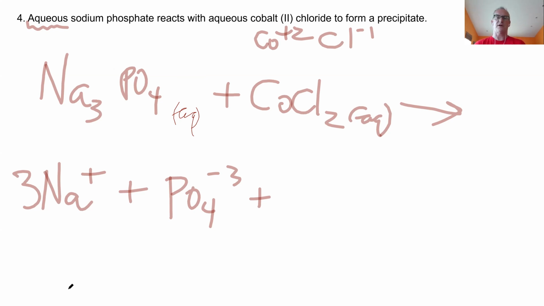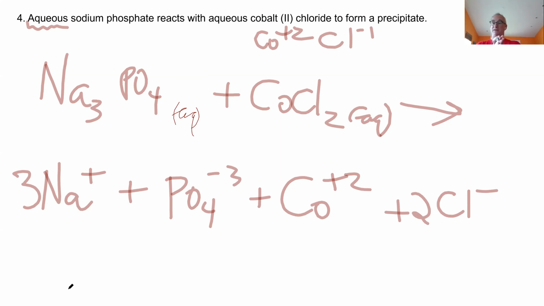What's the charge on the cobalt then? +2, exactly. And I have one ion left. What's the last one? Chloride ion. And how many chloride ions do I get? -1. Oh, 2, that's the charge. How many of them do I get? 2. There you go.